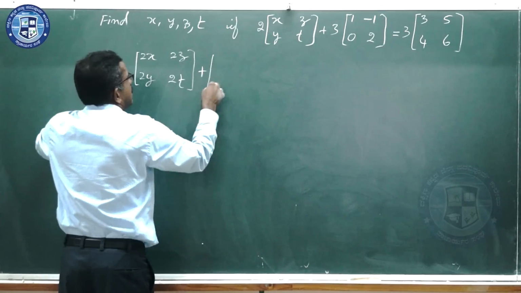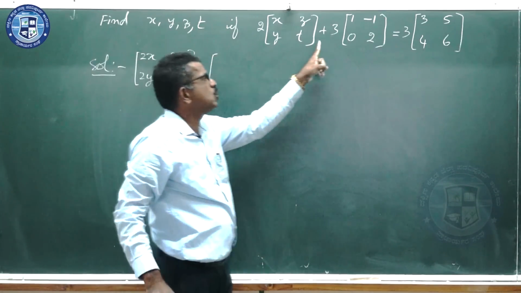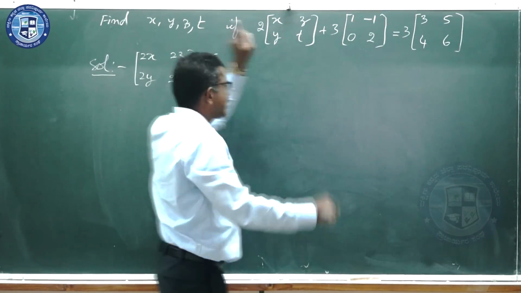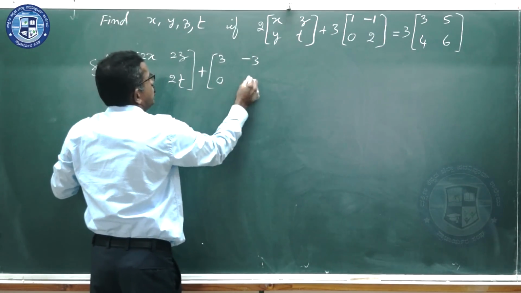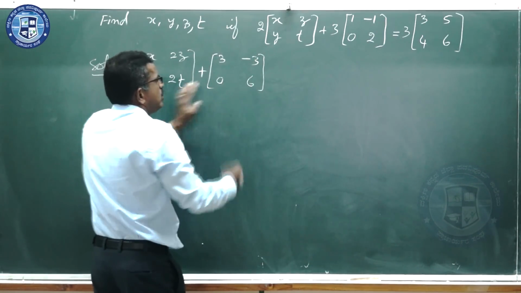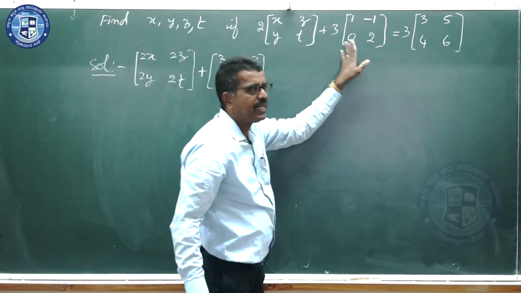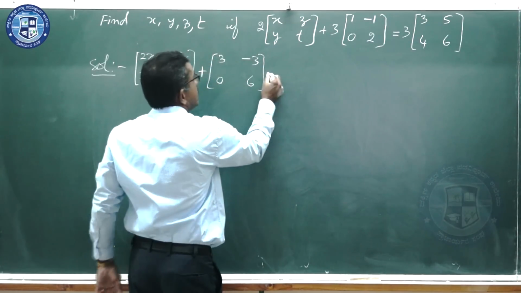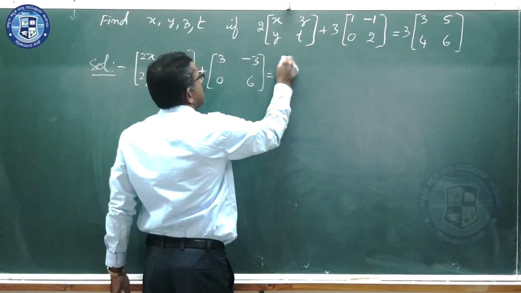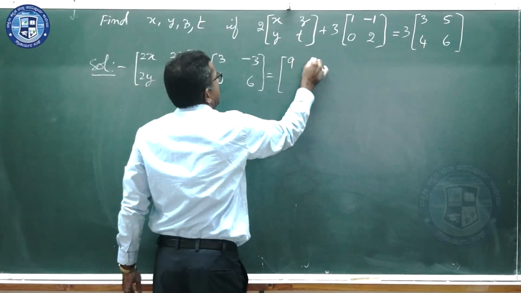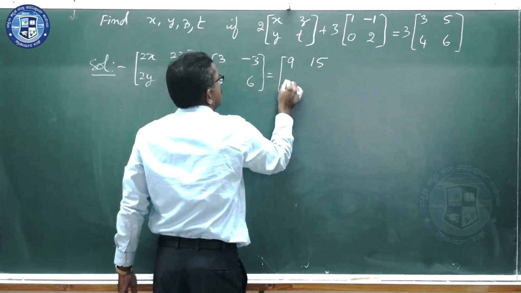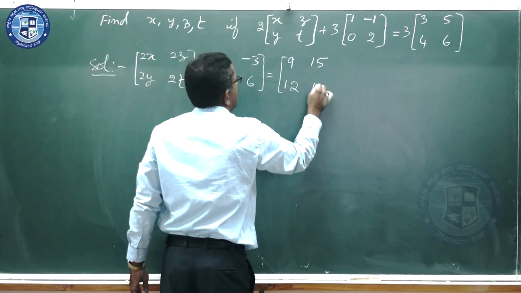Plus the second is multiplied through to all entries. We expect here 3 minus 3 0 6. I hope you understand properly, multiplying each element by 3, and that is equal to the right hand side where you have to multiply all entries by 3. It is 9 15 12 18.